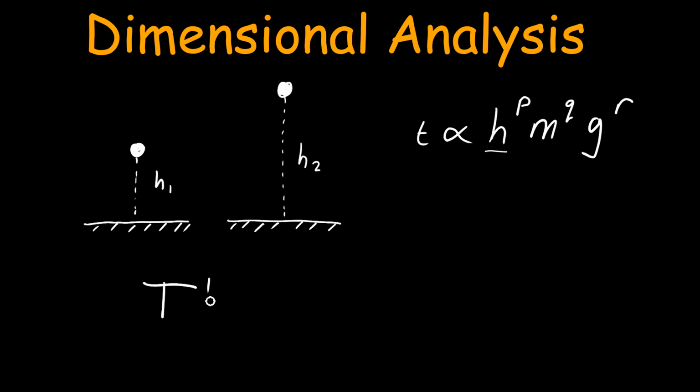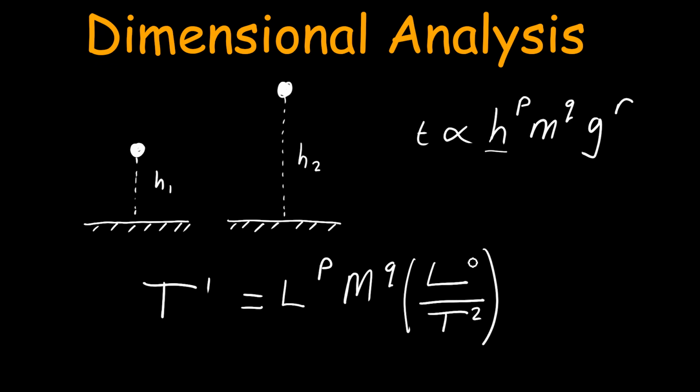Now this must equal a length to the power of p, maybe a mass to the power of q, and an acceleration, which is represented by the dimensions of length over time squared. Now I can move the time dimension along slightly. Let's move that along.